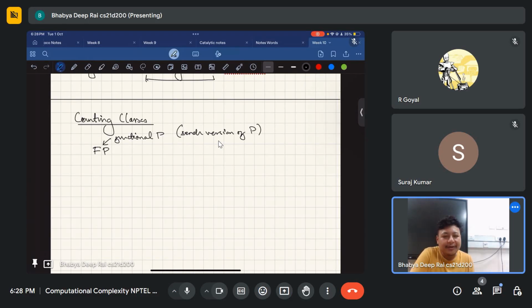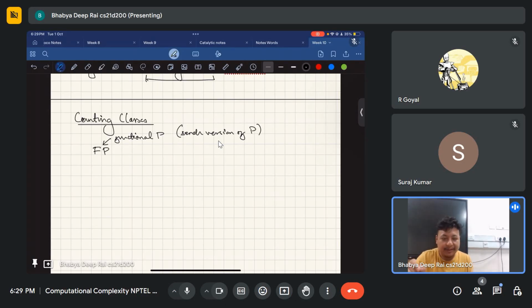The programs that you write in C, Java, whatever, to solve problems are not always yes or no questions. In fact, most of the time you are required to output something. So what is the complexity class that captures all these efficient algorithms that solve these kinds of problems? That is exactly functional P.